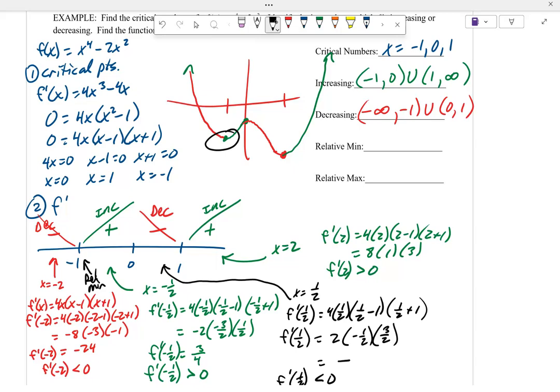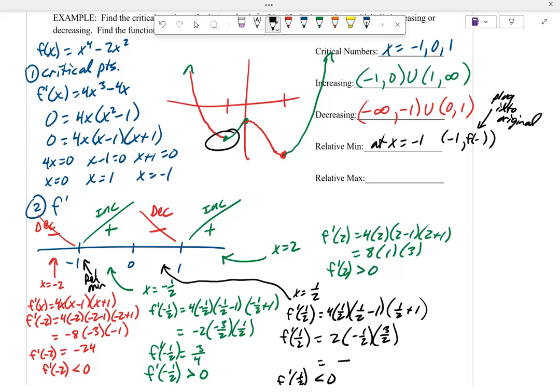So relative min at x being -1, which is the point -1, and I would have to plug it in, f of -1, into the original.